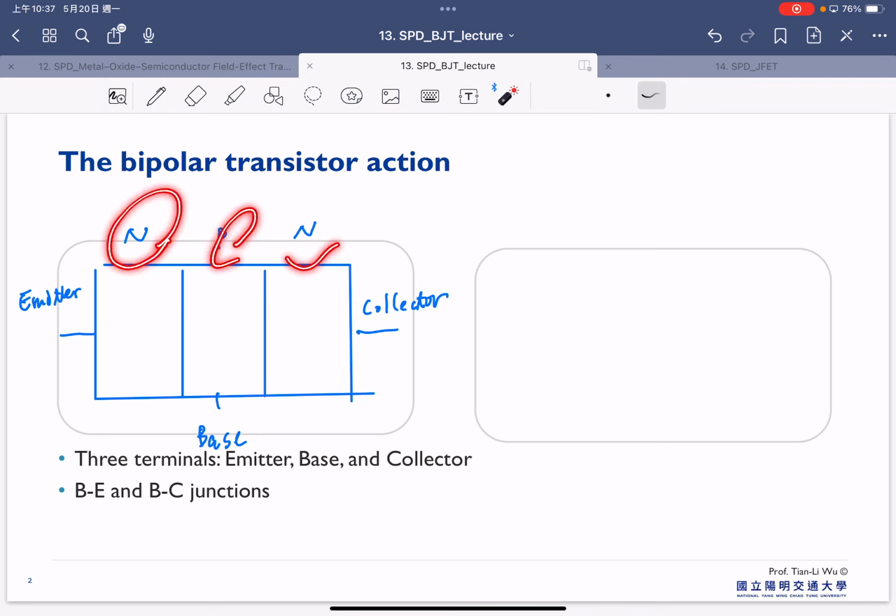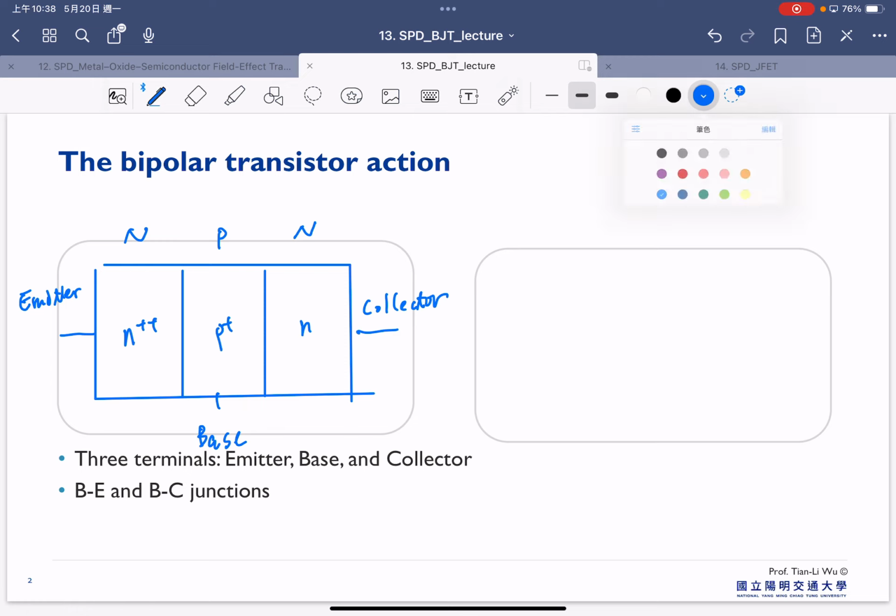Generally it's considered an NPN bipolar, but in reality we still try to make the doping a little bit different. Usually we prefer N++ on the emitter side, P+ in the base, and N in the collector side here. And here you can find that there are 2 different PN junctions.